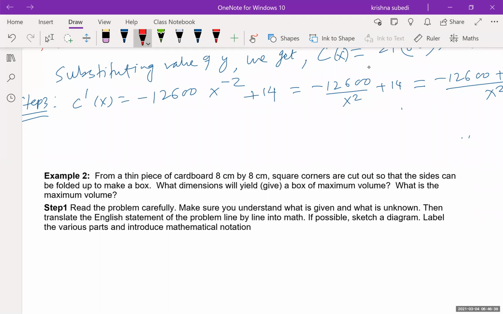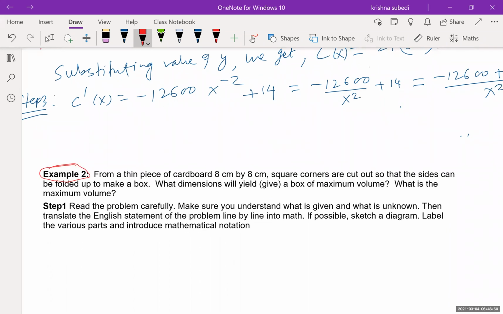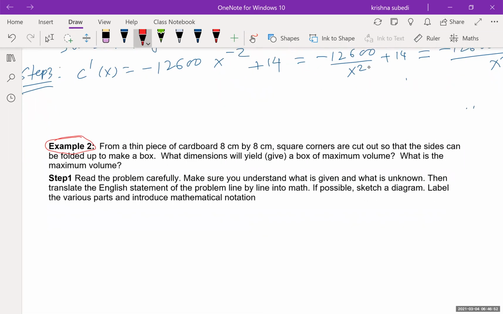Okay, remember, we're going to use the three-step method. And here is another example. Let's try this just for fun, okay? You need to read the question very carefully and try to understand it. That's extremely important.